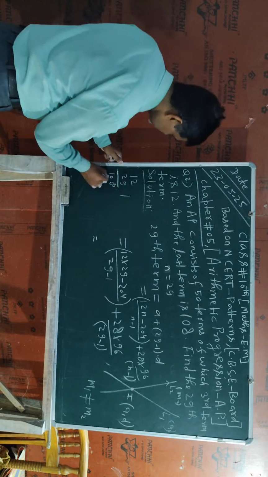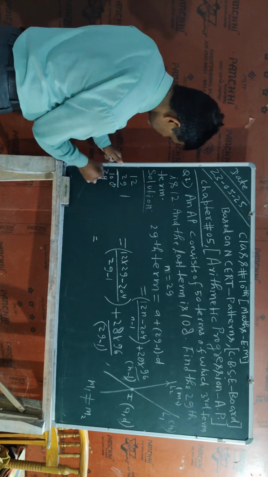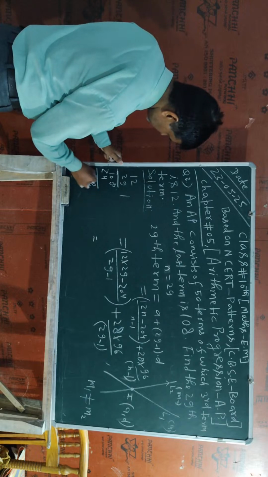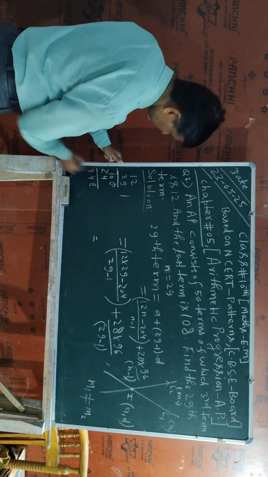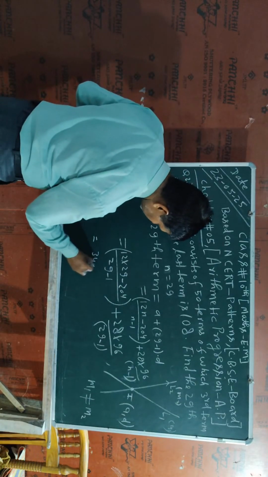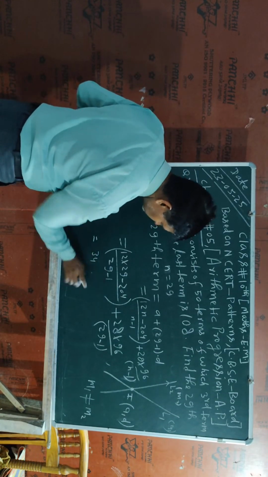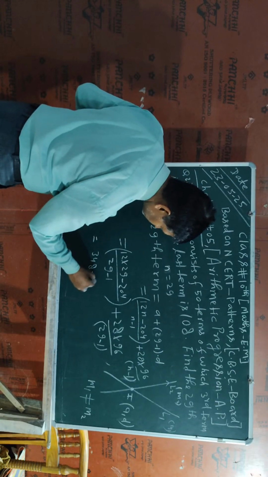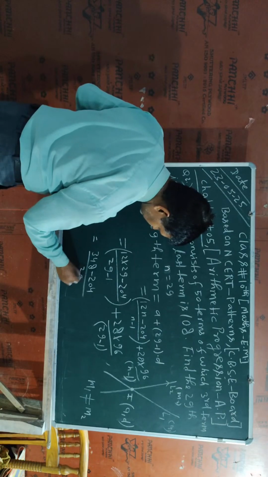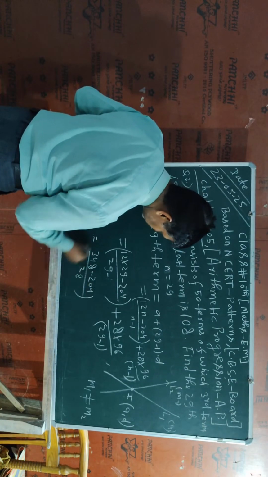So here 2 to the 4 and 2 to the 2, 2 on the 2. So here will be 8, here will be 4, and here will be 3. So here I will write 348 minus 204 divided by 28. So this is the first term.